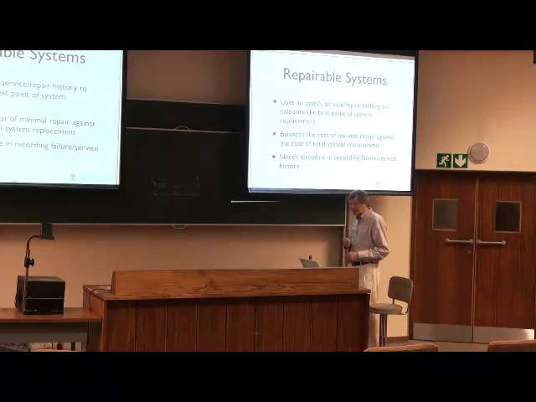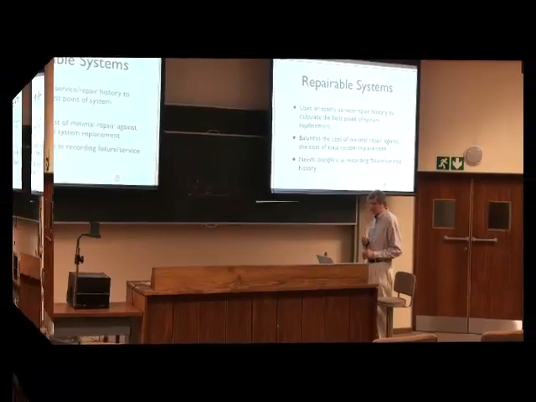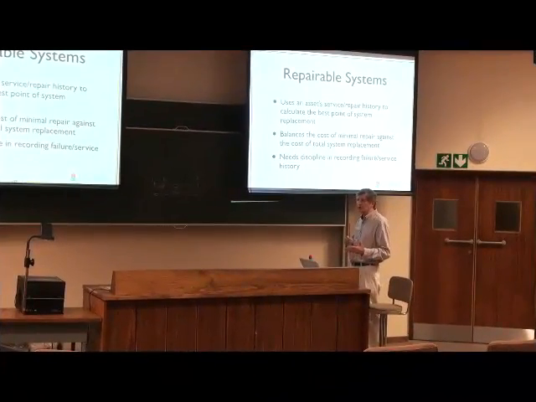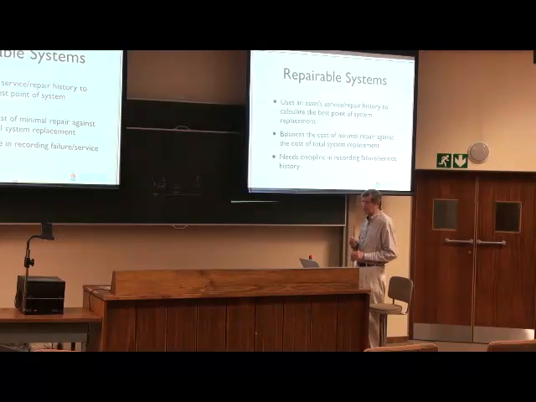Okay, and then repairable systems we already looked at. It uses an asset's service and repair history to calculate the best point of system replacement. It balances the cost of minimal repair against the cost of total system replacement. Because you really need good information to be able to use that.